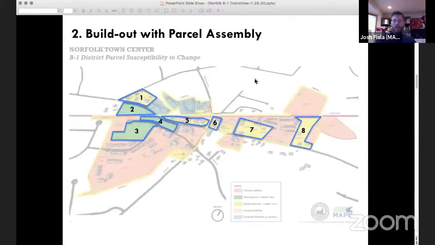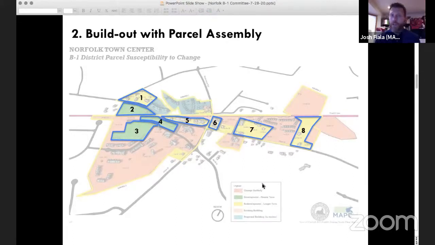Then the next part was a similar discussion to confirm what we see as the potential for parcel assembly in the district, which has been discussed a few times. This would be a similar exercise of a build out within the district under the zoning recommendations, but instead of considering the current confines of the parcels as they are delineated, it would look at the assembly and combination of parcels which are adjacent to each other.